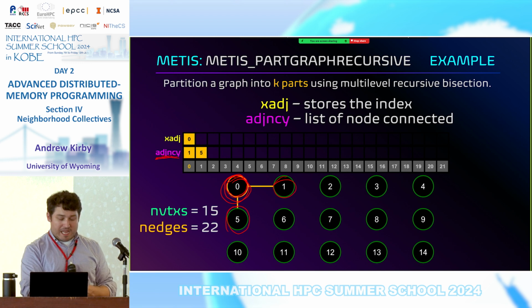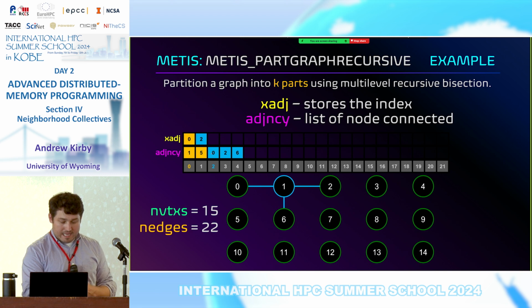So we pack those in. So node 0 is connected to nodes 1 and 5. Put that into my adjacency matrix. The X adjacency is basically the index of where this started. And it started at 0, so I write 0 into X adjacency. Okay. Next.